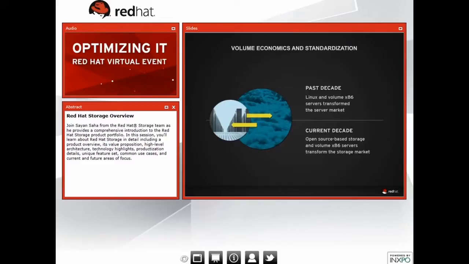There we basically saw Linux and x86 obliterate all kinds of proprietary traditional server systems, and pretty much it's all x86 right now with your favorite operating system, whether it's Windows or Linux. We see that same trend applicable to the storage market, which traditionally has been very appliance-based.